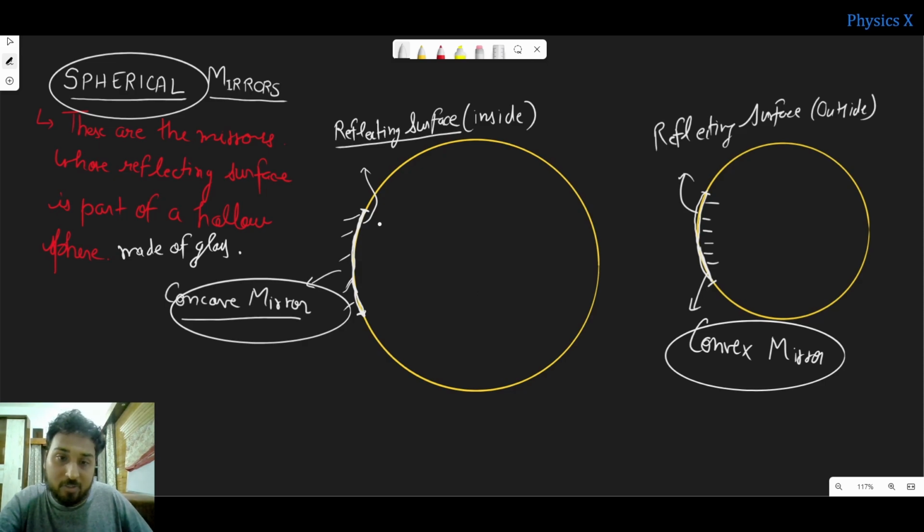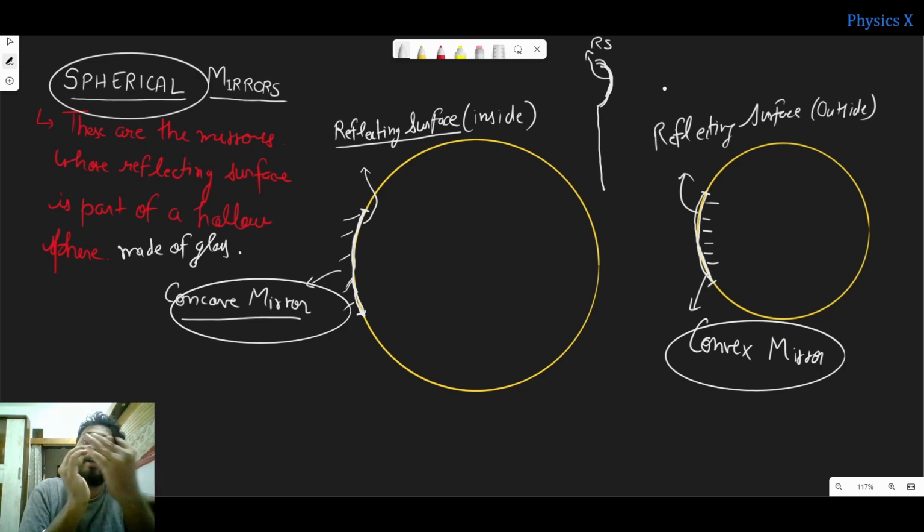Concave you can understand with the help of a spoon. Suppose I consider a spoon like this, and this is the handle to hold the spoon. Both sides of a spoon are shiny, both are reflecting surfaces. If you consider the reflecting surface on this side, you can see a structure formed like a cave.